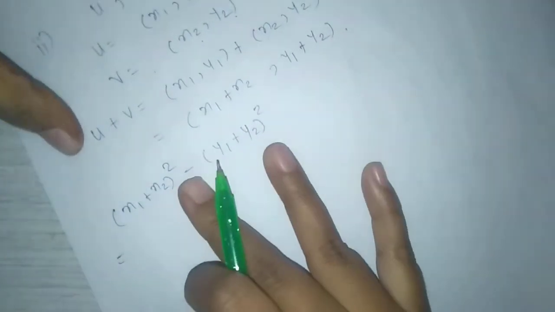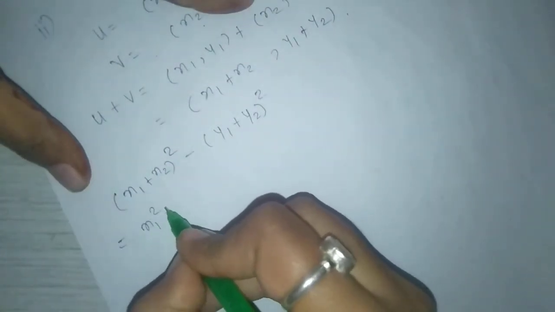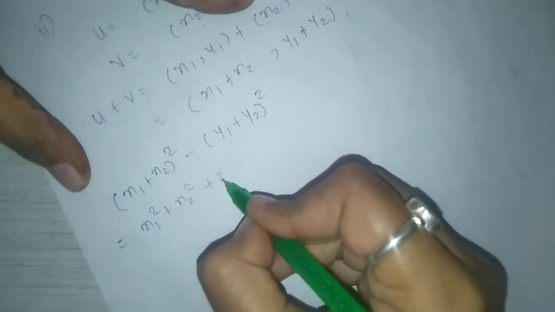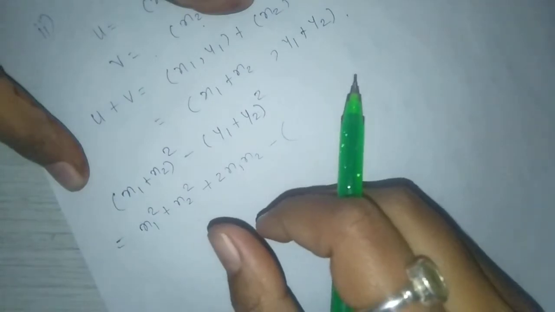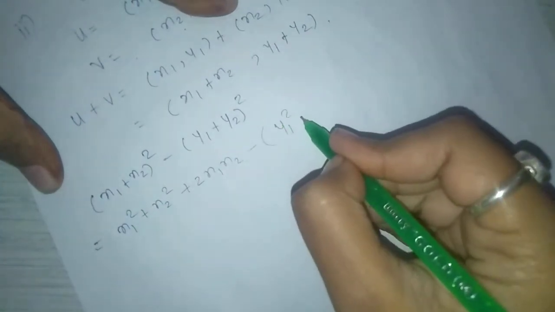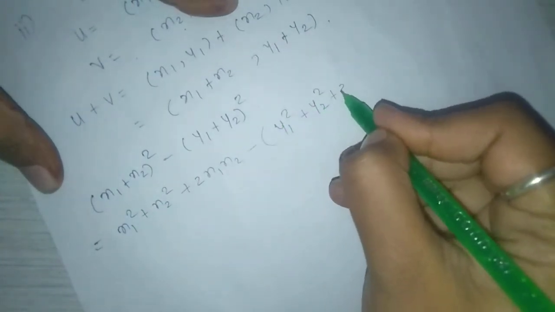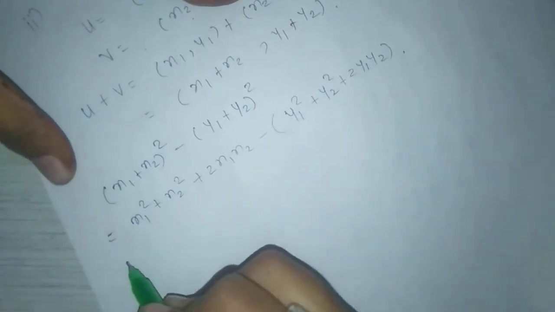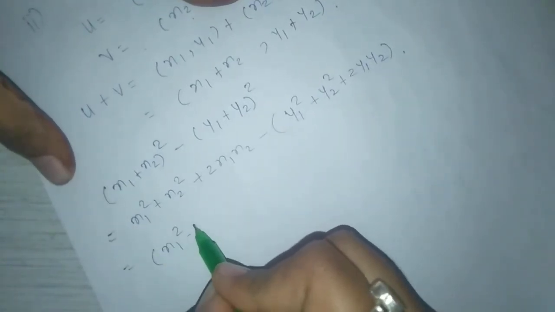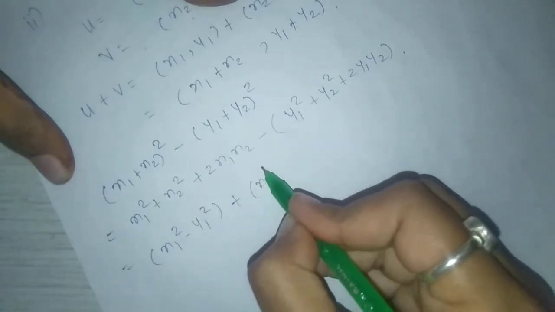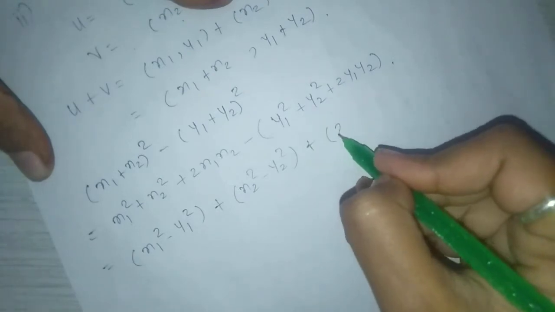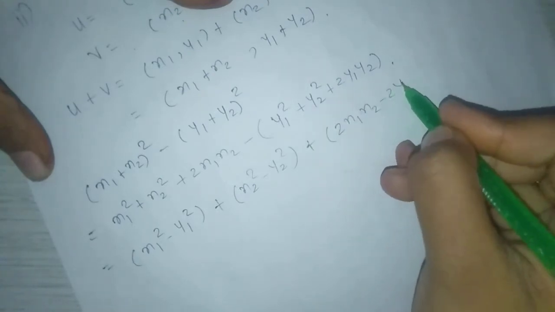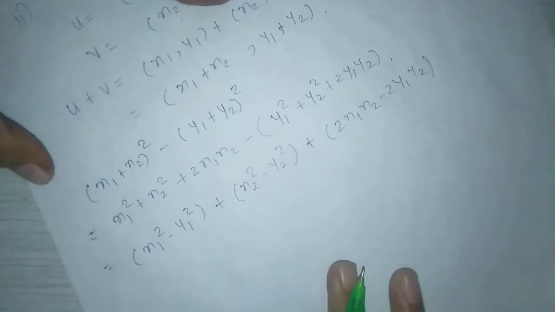Now compute (x1 plus x2) square, which is x1 square plus x2 square plus 2 x1 x2, minus expansion of (y1 plus y2) square, which is y1 square plus y2 square plus 2 y1 y2, equal to x1 square minus y1 square plus x2 square minus y2 square plus 2 x1 x2 minus 2 y1 y2.